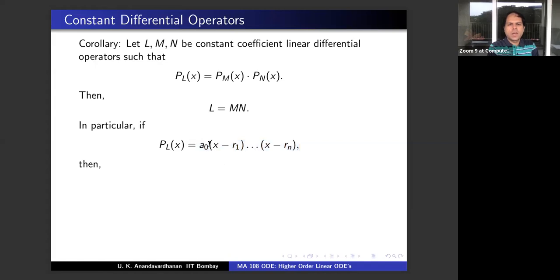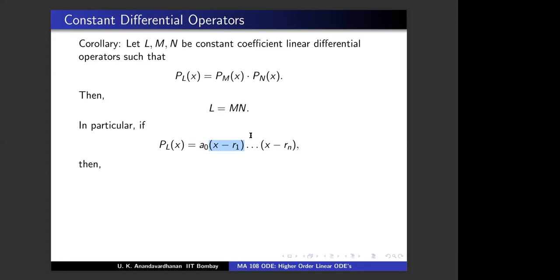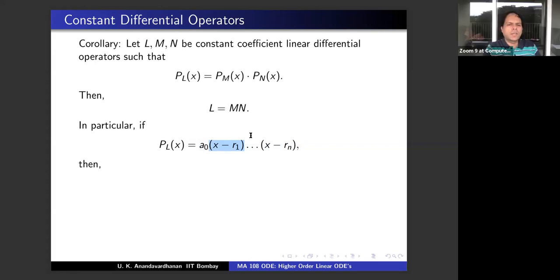And what is the associated differential operator to x minus r1? Associated operator is e power Rx. Say that again. No. I'm asking what is the operator for which the characteristic polynomial is x minus r1?